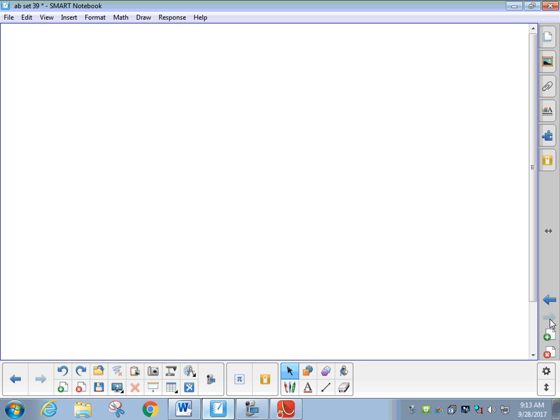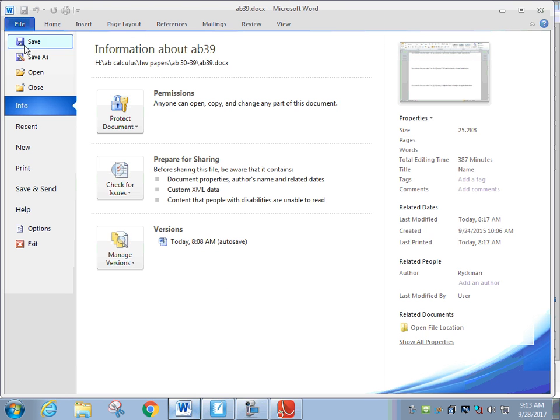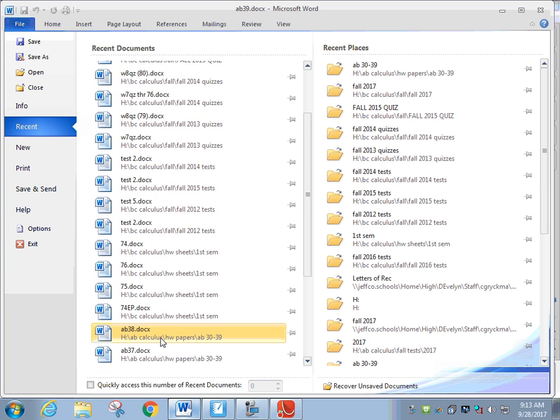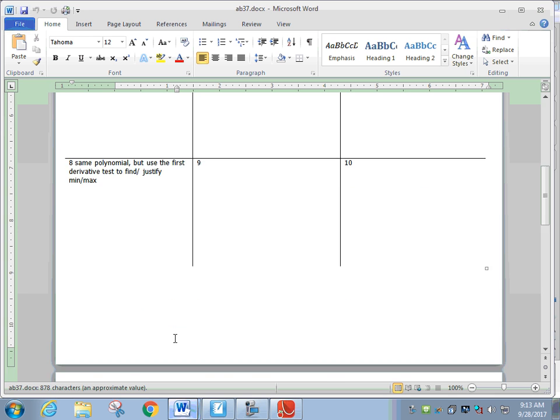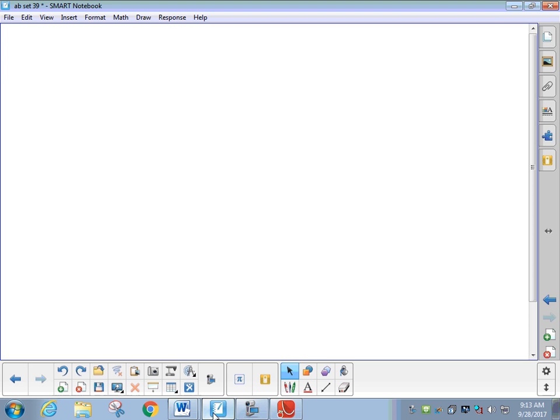I'm going to get this document up here and loaded. Where's 37? There it is. Okay, 14. Is 14 replaced? It is. Okay, so here we go.